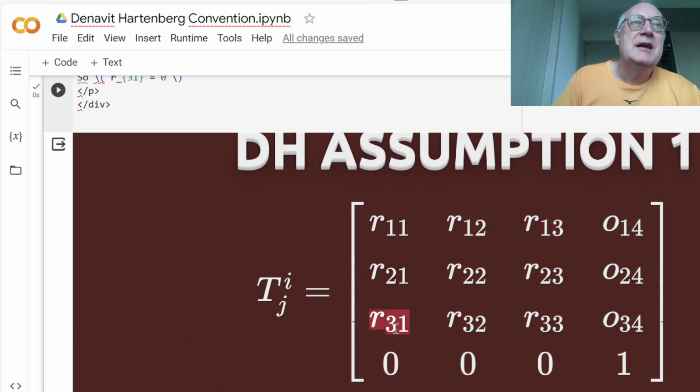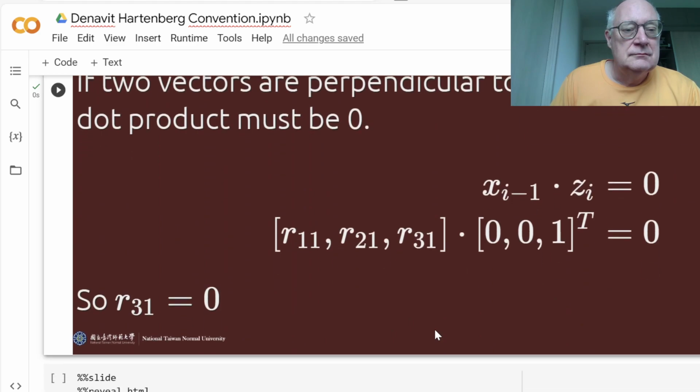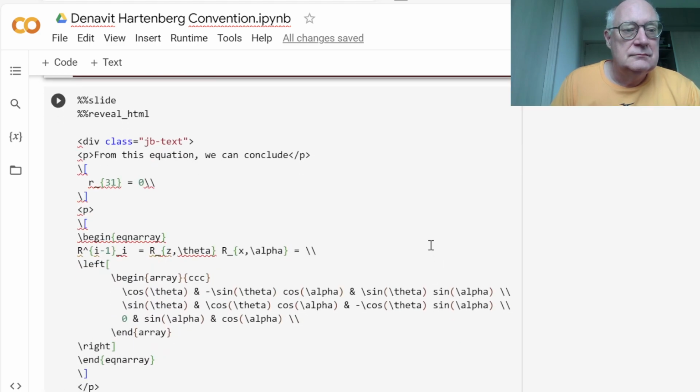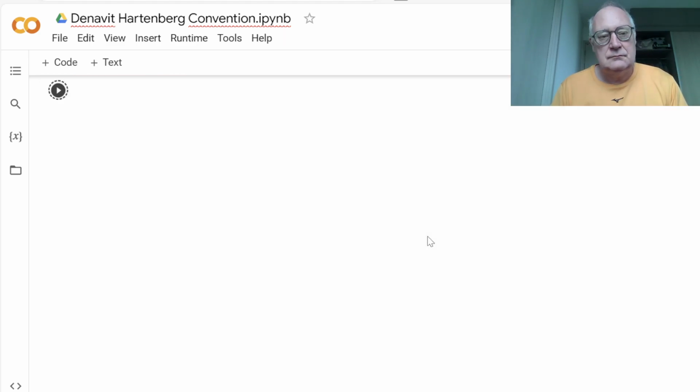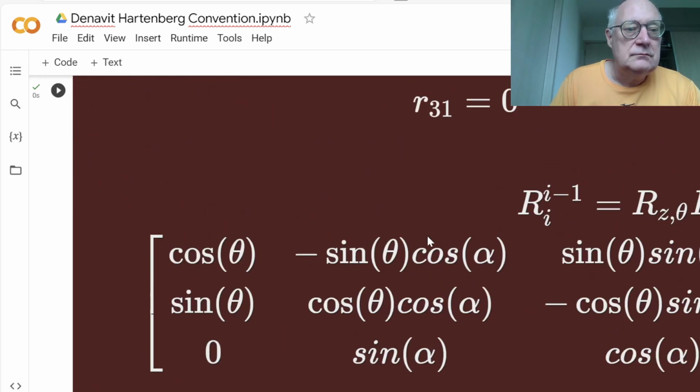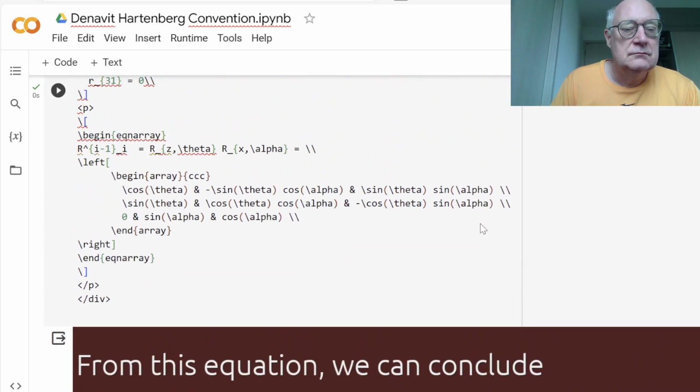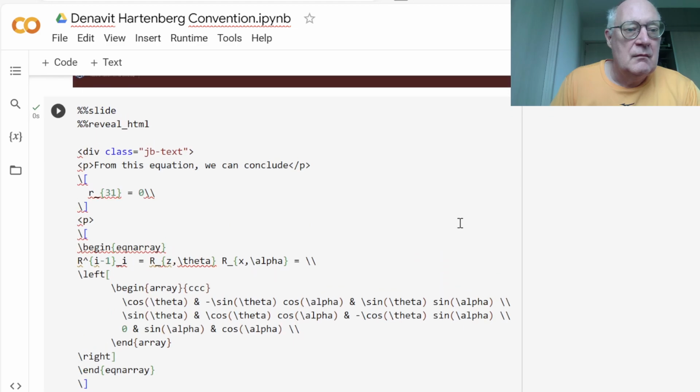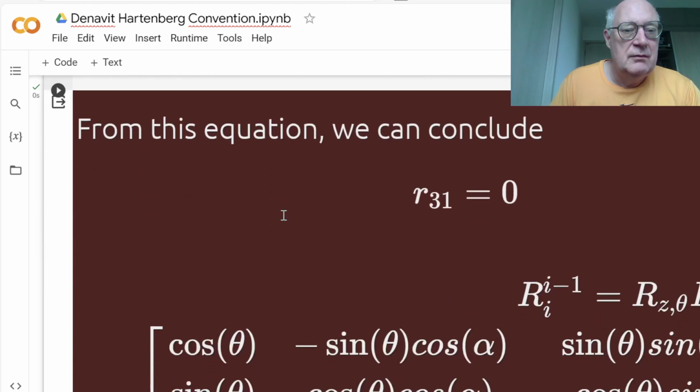So now we eliminated one of the unknowns in our transformation matrix. So we know this number is 0.